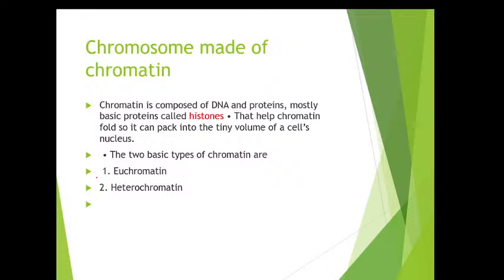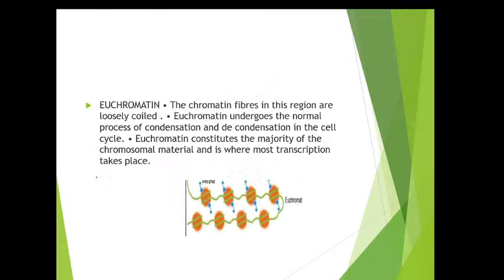Based on this, there are two basic types of chromatin, euchromatin and heterochromatin. Chromatin exists in two forms during the cell cycle: euchromatin and heterochromatin. Let's see one by one.